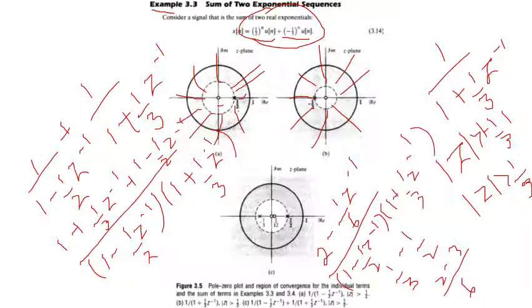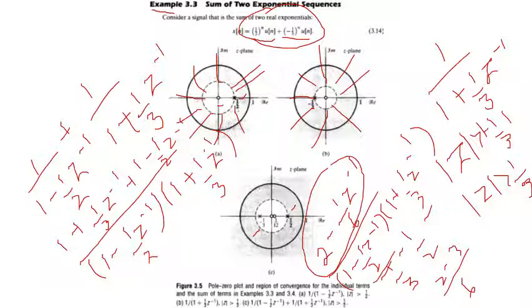I solved this just to let you know the pole will be at 1 by 2, and the other pole will be at minus 1 by 3. There will be two zeros. If you solve this quantity and find out the roots, you will get one root at z equal to 0 and the other root at z equal to 1 by 12, because there are two poles, there must be two zeros.